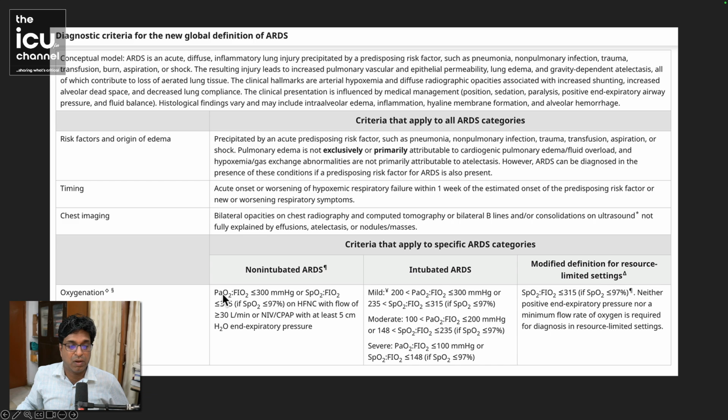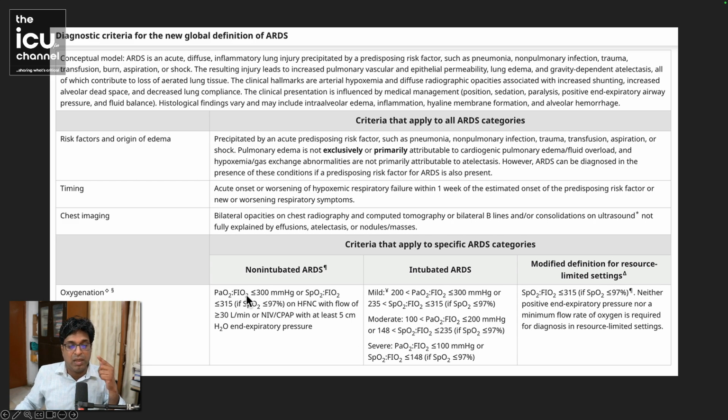So oxygenation: previously also we saw that if the PaO2/FiO2 ratio is less than 300, it comes under the category of ARDS. So if the patient is on NIV or CPAP mask with at least 5 centimeter of water of PEEP or EPAP, then we say it's ARDS. Now if the patient is on NIV with 5 centimeter of EPAP or CPAP and you don't have an ABG machine, then if the SpO2/FiO2 ratio is less than 315.